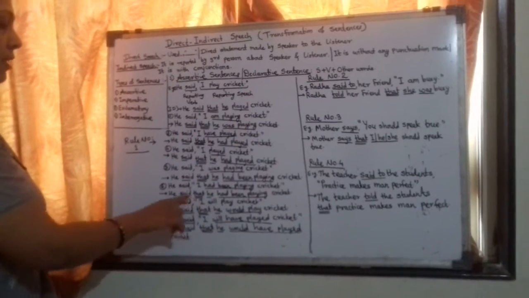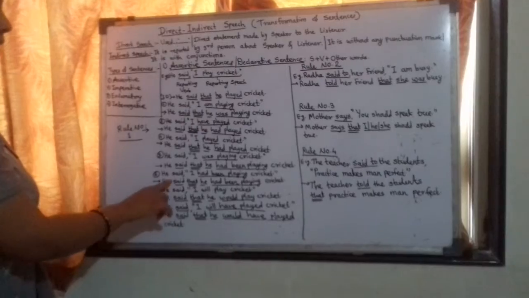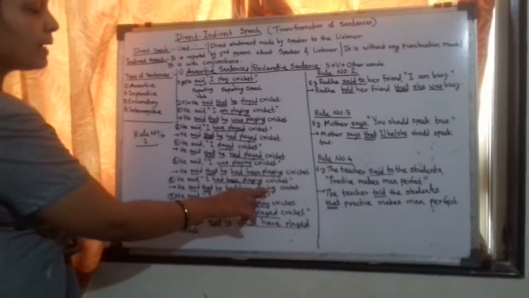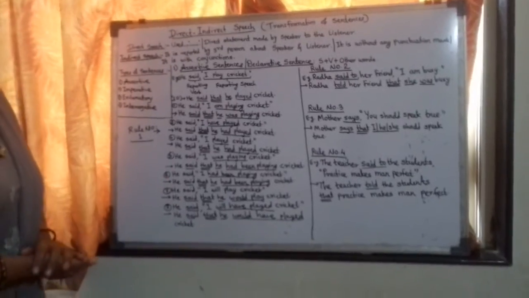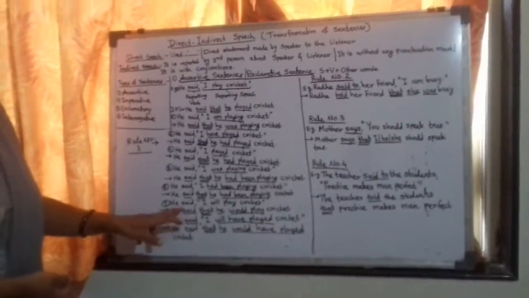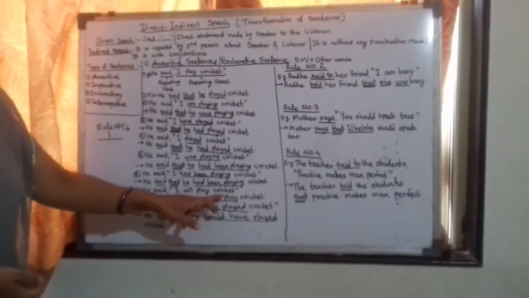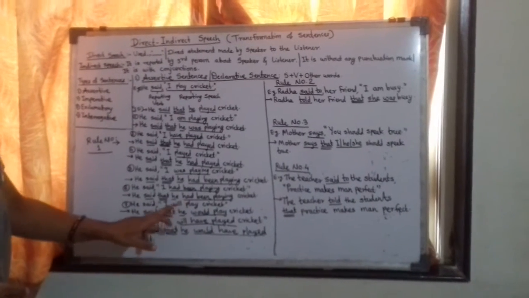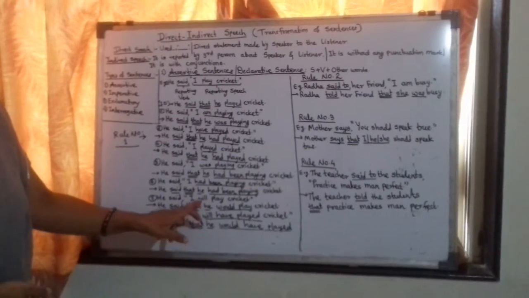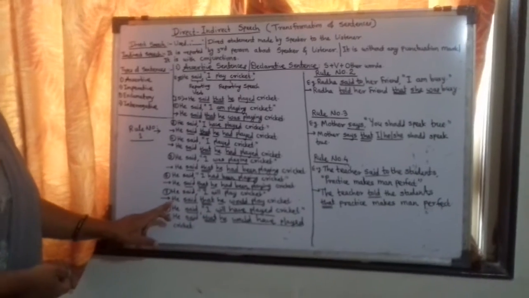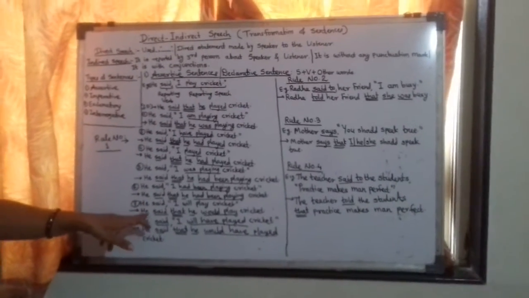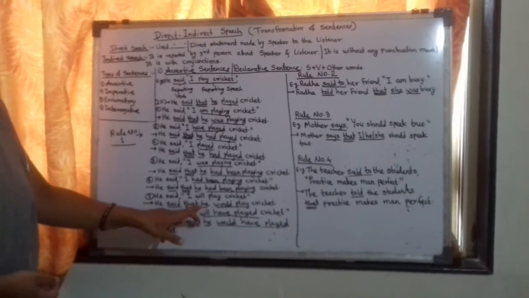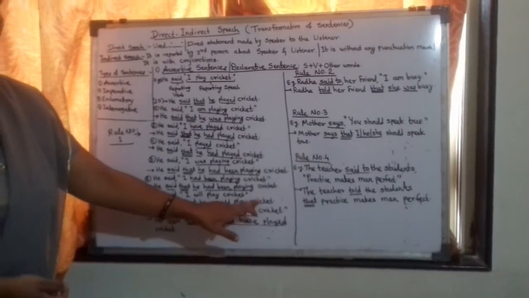So in this statement we are going to use, he said that he had been playing cricket, as it is. Now in case of future tense, where we have used I will play cricket, we just have to change the first helping verb into past tense, and that is will. So in this sentence we have to convert it into indirect speech in this way: He said that he would play cricket.